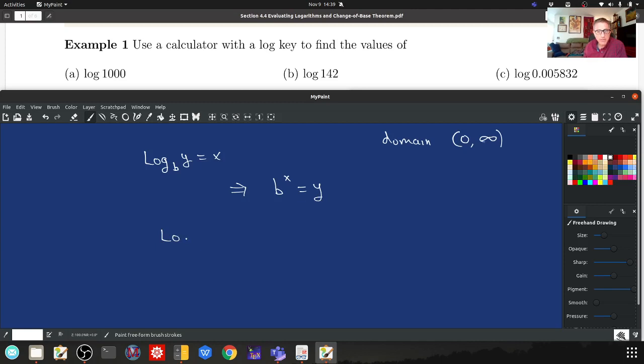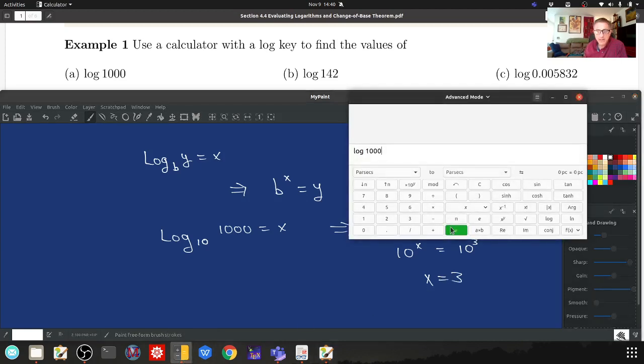So in this case we have log, and here I'm going to write the base in explicitly, of 1000 is equal to x. That means 10 to the x is equal to 1000. Well, 1000 is 10 cubed. Since the exponentiation function is one to one, that implies x is equal to 3. And indeed, when I hit the enter button on the calculator, the answer is 3.